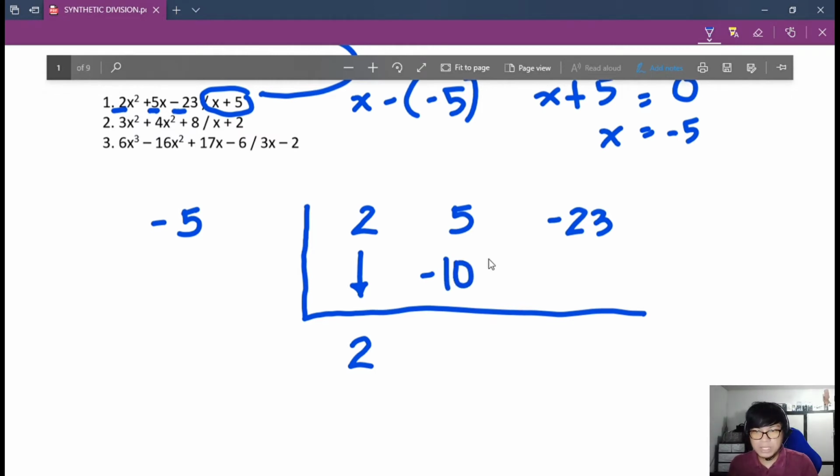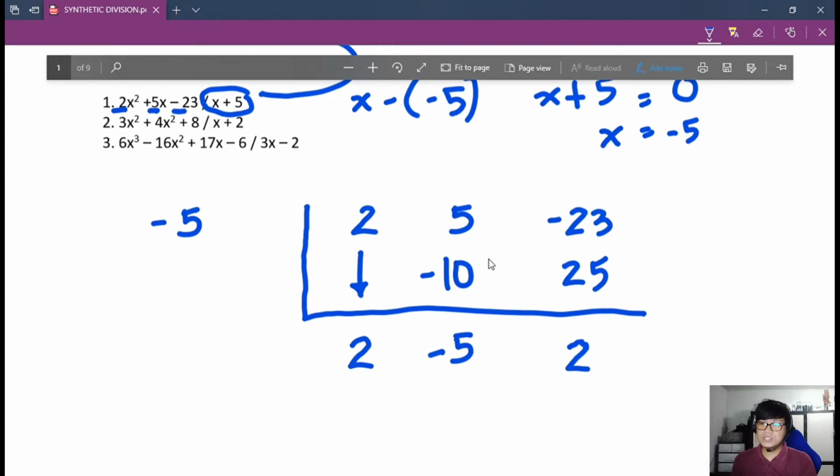Ang gagawin nyo dito sa 5 and negative 10, i-add. So 5 plus negative 10, negative 5. Then negative 5 times negative 5 is 25. So negative 23 plus 25, the answer is 2.